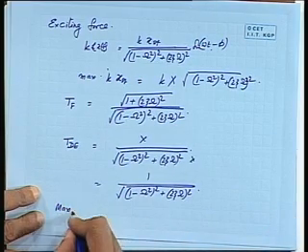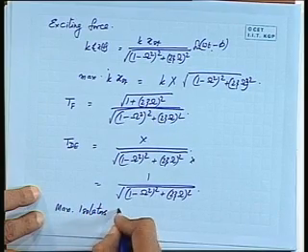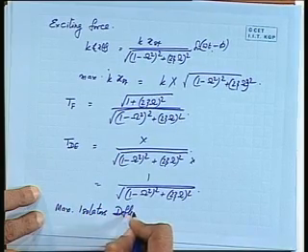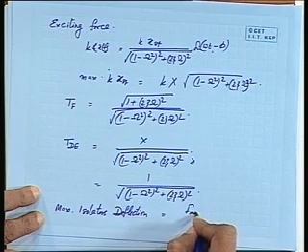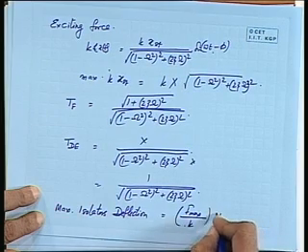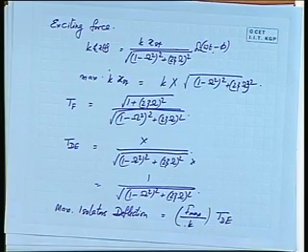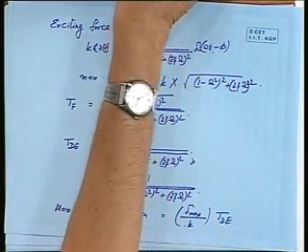Maximum isolated deflection will work out to be force by stiffness multiplied by the transmissibility for the displacement ratio.